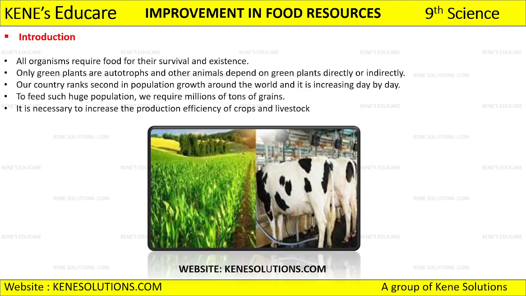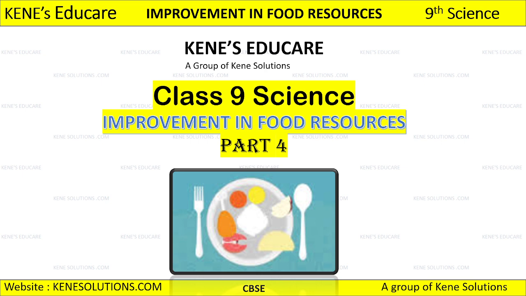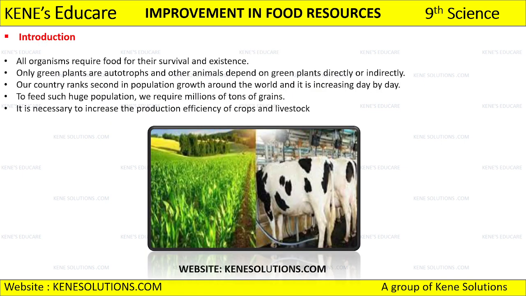So when we started the lesson, the first thing that we discussed was about the organism, because we are discussing about the food resources, and we know that all organisms, they need food for their survival and existence, right? So green plants are autotrophs because they make their own food, right? And we are dependent on them for some or the other reason. And our country ranks second in population around the world and is increasing day by day.